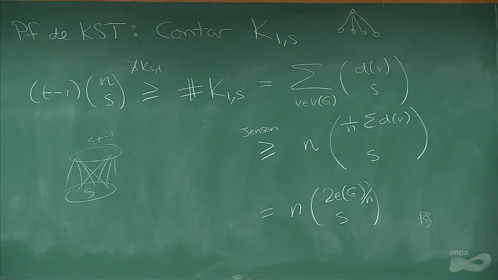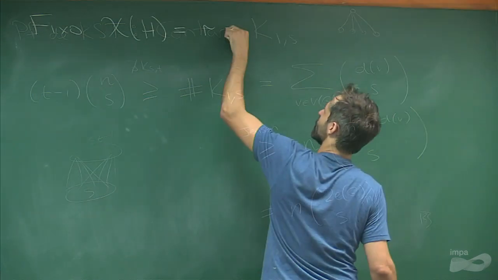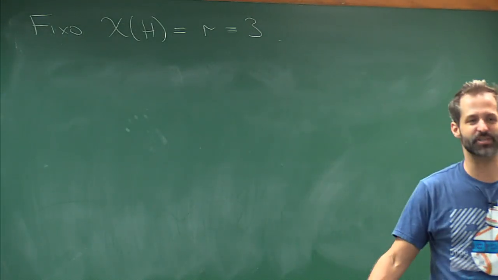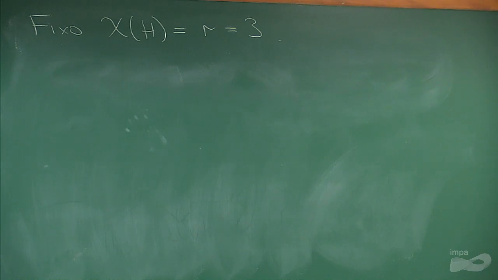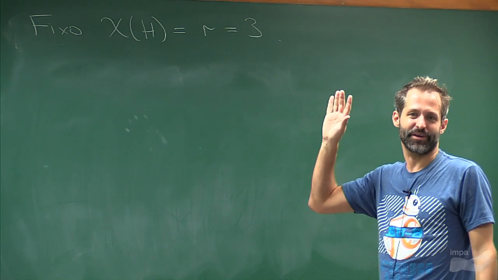So let's fix a graph H with chromatic number 3, and let's just try and prove it for chromatic number 3. The chromatic number of H equals r, which equals 3 in this case. You'll see that the proof generalizes. Once you see the proof for 3, you can believe that you can write down a proof in general. The pictures will be simpler for 3.